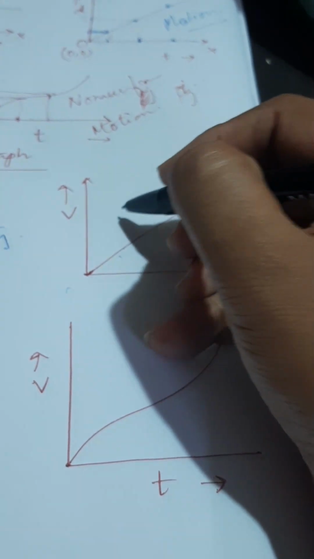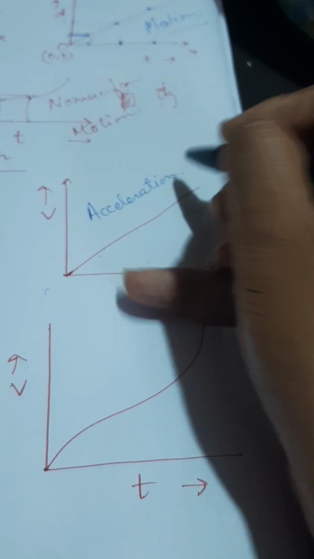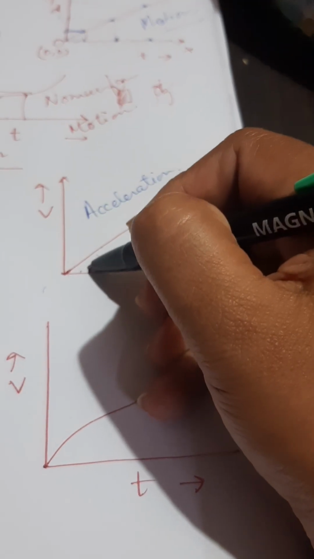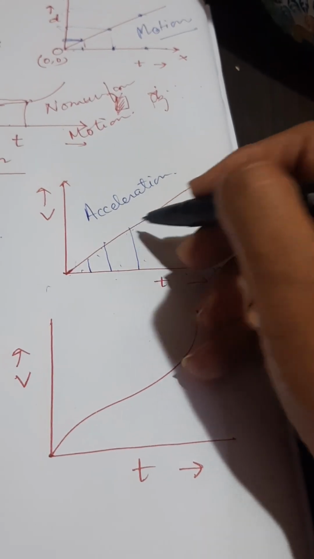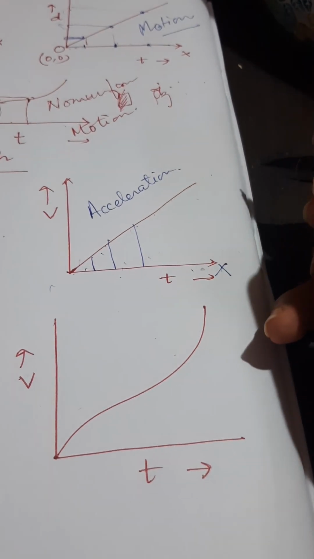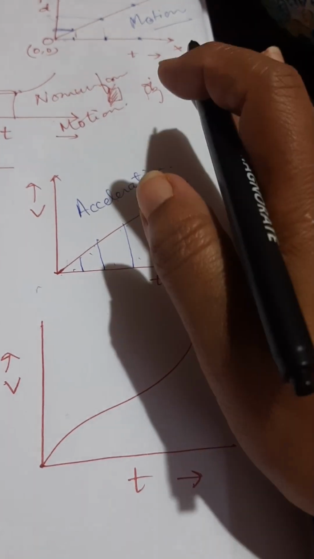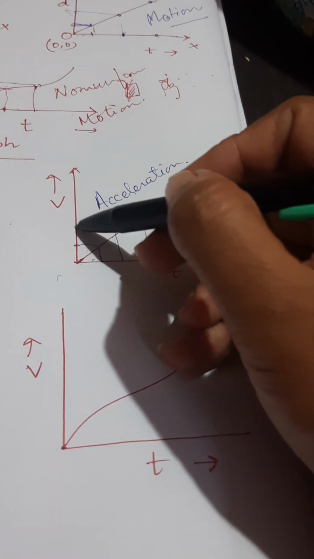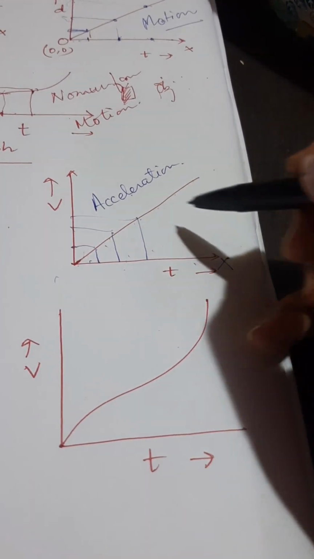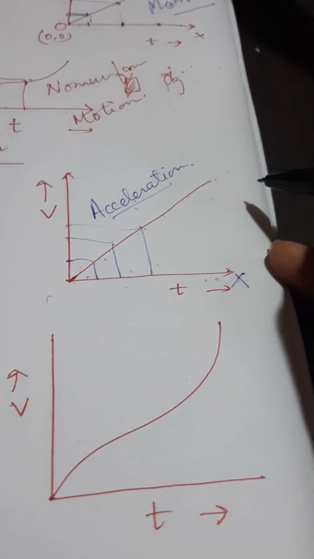It suggests acceleration of that object. With the change in time, velocity is changing, and this change is uniform. So it's not only acceleration, it's uniform acceleration. There is a change in velocity every moment, and it is a uniform change in velocity, and we call it uniform acceleration.